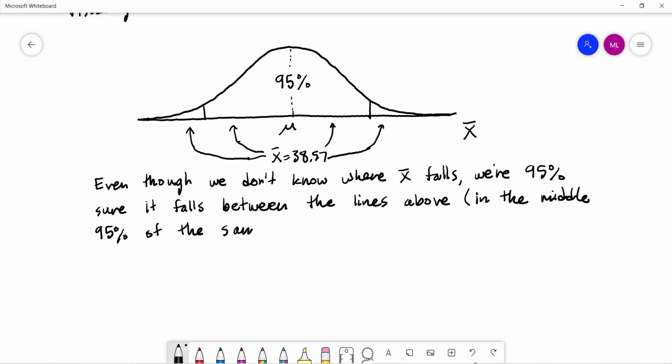Those are the most common values, the values close to mu.